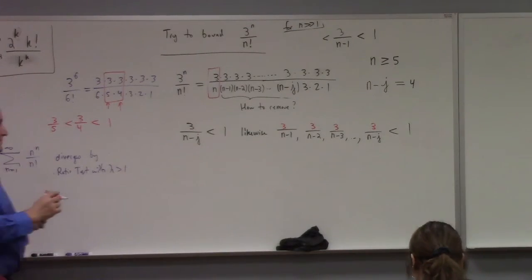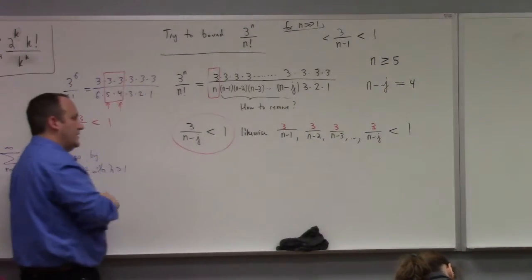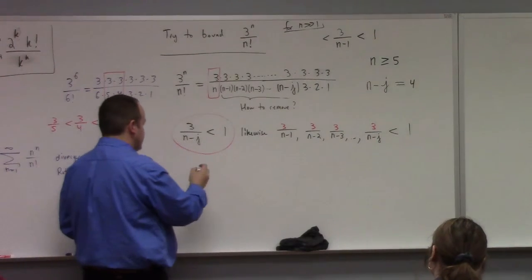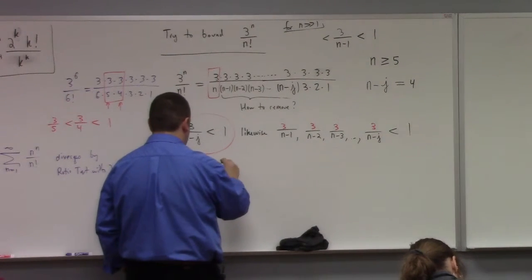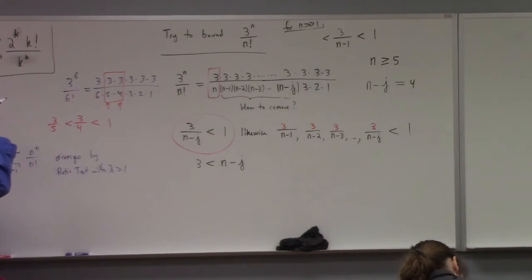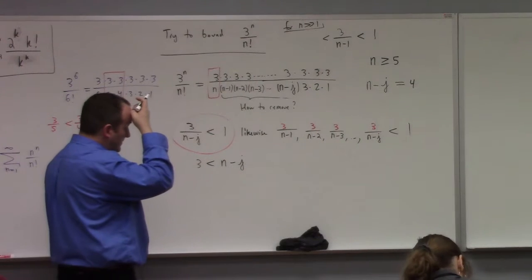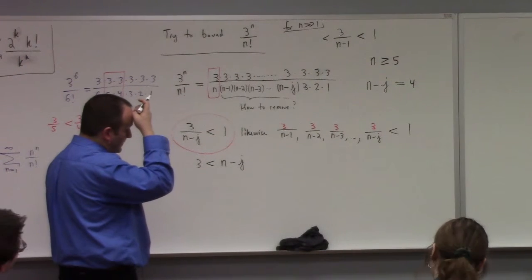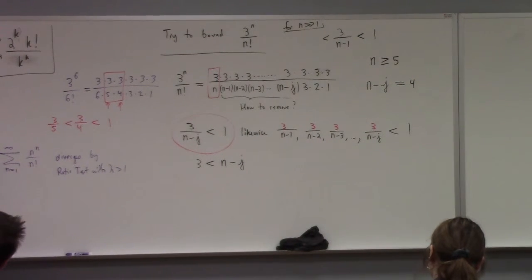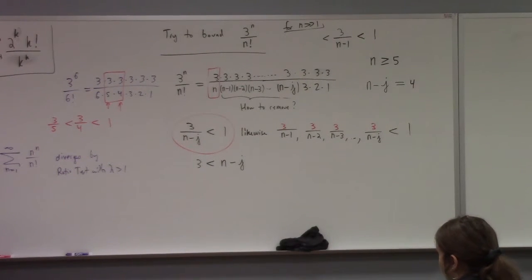So all I need is what? I need 3 over n minus j to be less than 1. So how do I get that? Three is less than n minus j, which says what? This j, what could it be?